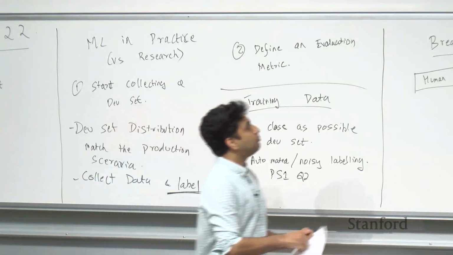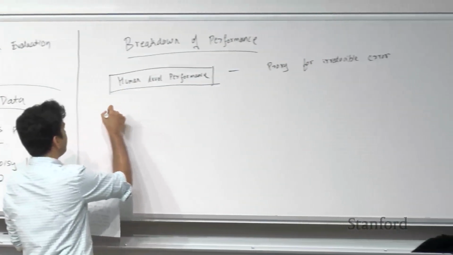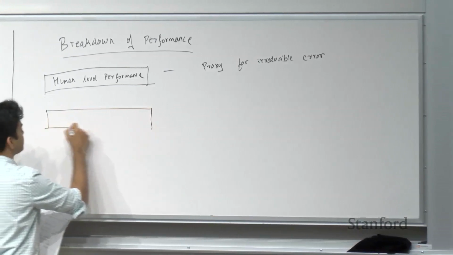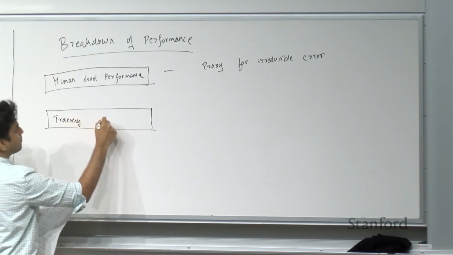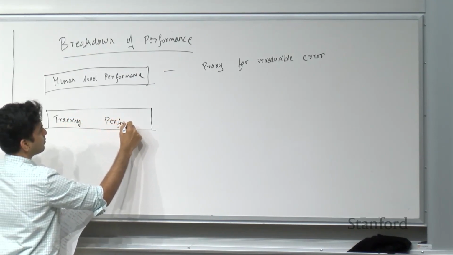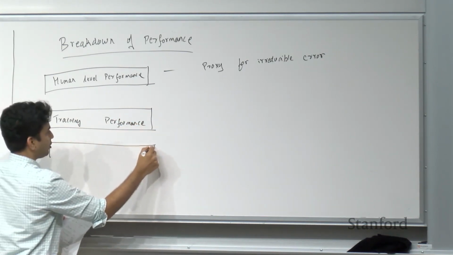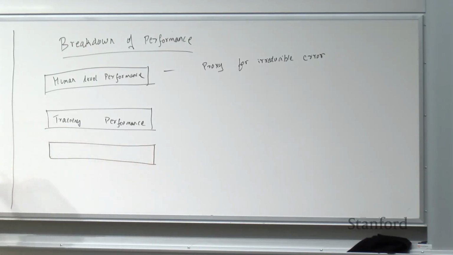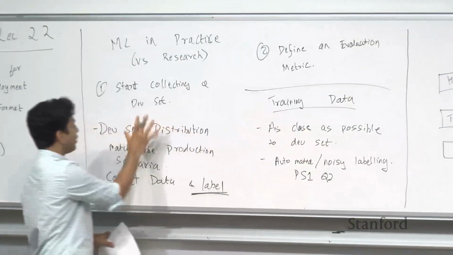Right? So you want to break down the performance into the following parts. First, training performance. And when you're training, once you obtain this training data, you probably want to split it into an actual train set and what you might call a train dev set, which is a fraction of your training set, distinct from the dev set.